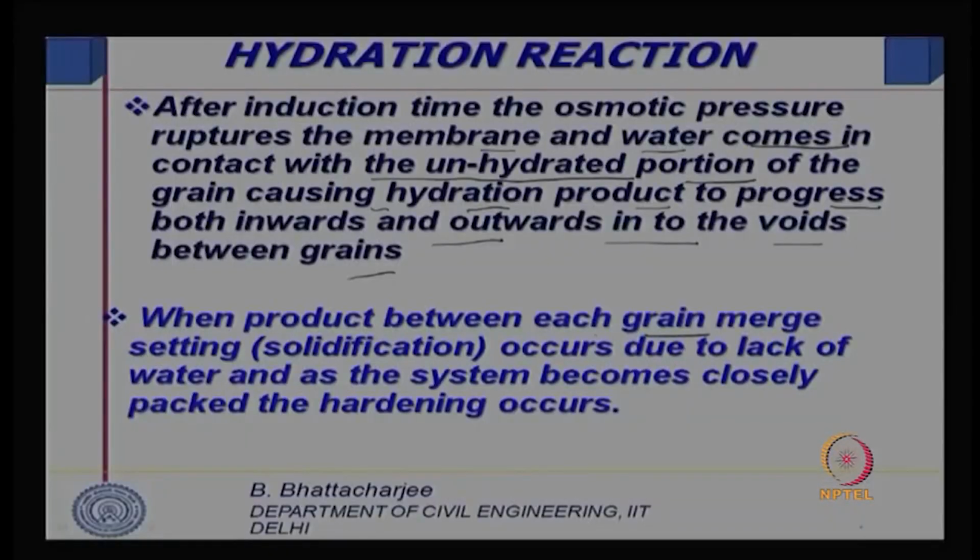Further, more generation of solids might take place, and more hydration product may form and fill in all the voids available within the space. So, when products between each grain merge, setting occurs due to lack of water as the system becomes closely packed, and then hardening would occur.